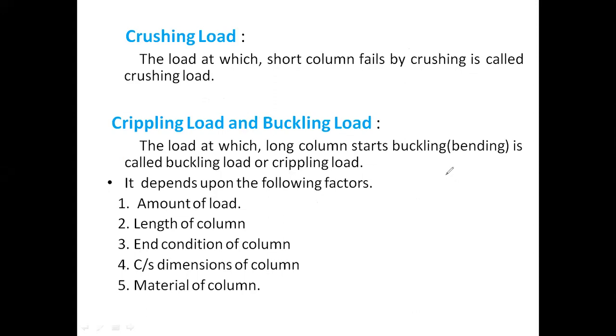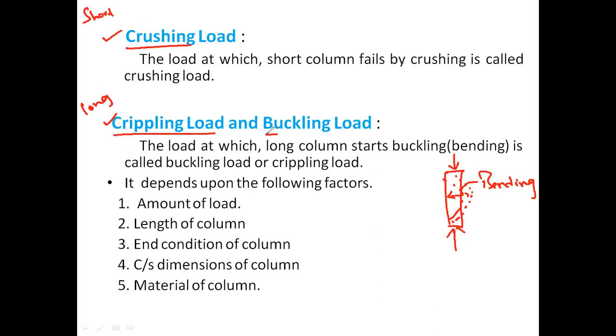If the member, when subjected to compression, bends like this, we call it bending. So likewise, these are short columns and these are long columns. Short columns will undergo crushing, and long columns will undergo crippling load and buckling load.